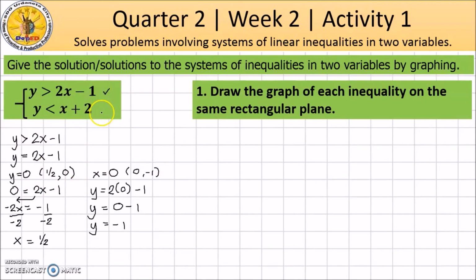Let's have the second. So the given second linear inequality is y is less than x plus 2. Next, we have to change the less than symbol into an equal symbol.